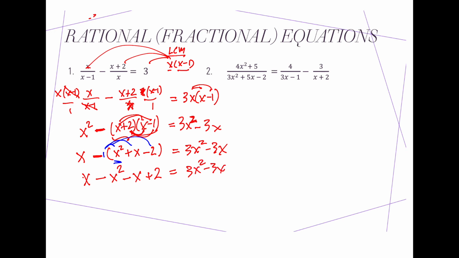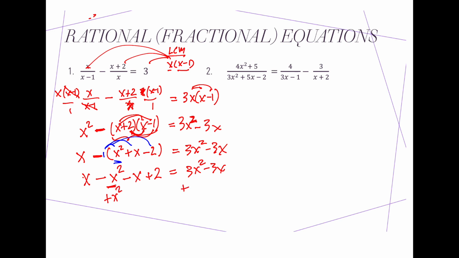And now we need to get this solved set equal to 0, because this is a quadratic equation. And I'm going to try to keep the first term positive. So I'm going to do whatever I have to do to keep a positive x squared. So I'm going to move everything to the other side, basically.